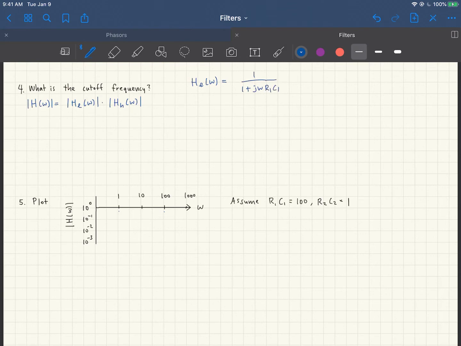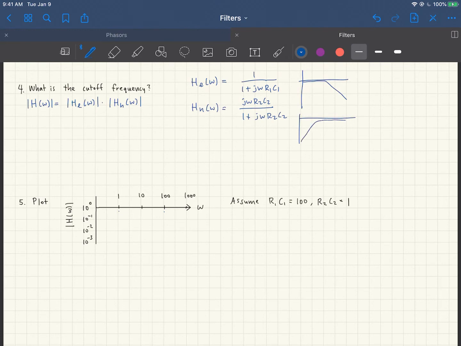And the shape of the graph kind of looked like this, where it was high and then it dropped off. And the behavior of the high pass was j omega R2 C2 all over 1 plus j omega R2 C2, and the graph looked something like this.